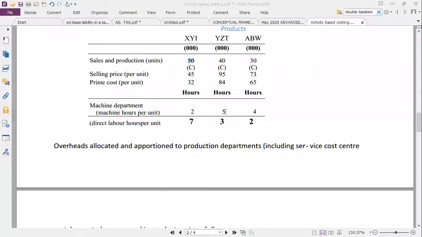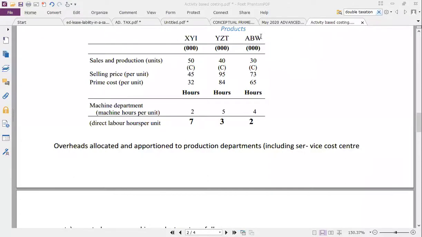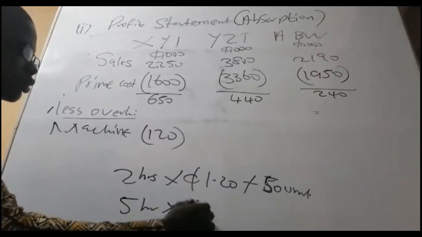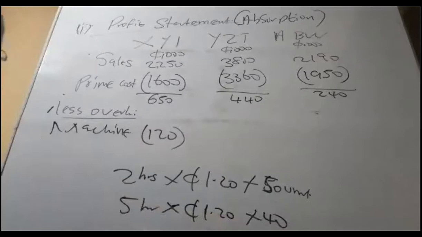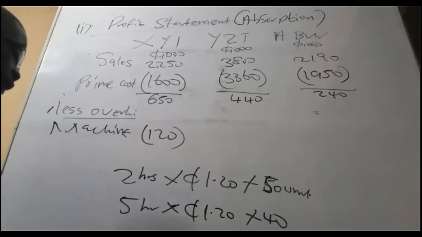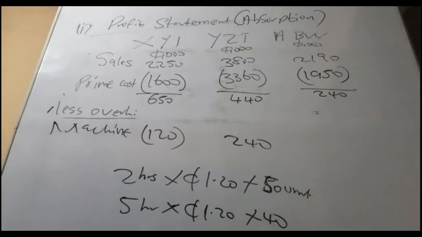The machine hours is 5 and the units produced is 40. So 5 hours, still at 1.2, times 40. 5 by 40 gives us 200. 200 by 1.2 gives us 240. So that's 240. We put it in brackets.